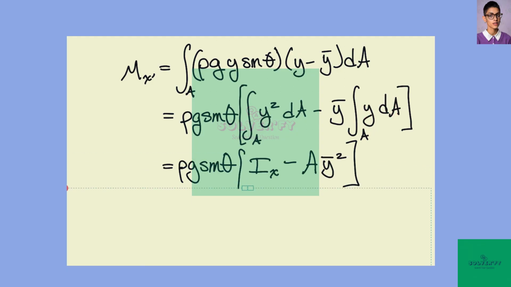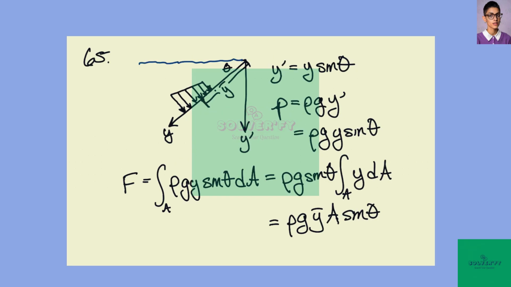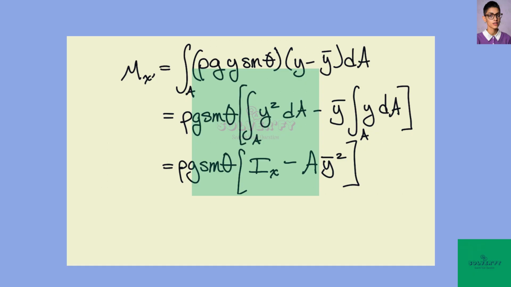Now, we can recognize these things. This is the area moment about the x-axis, the axis coming out of the board, or the paper, and then minus, this is A times y bar, so we get minus A y bar squared.